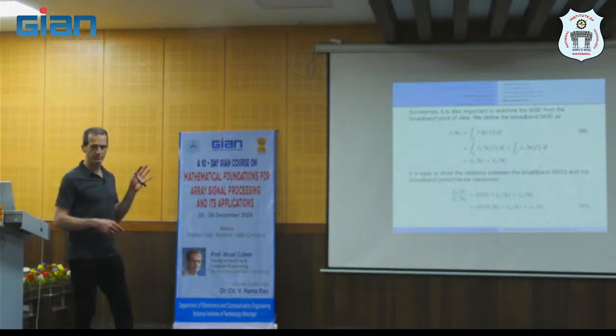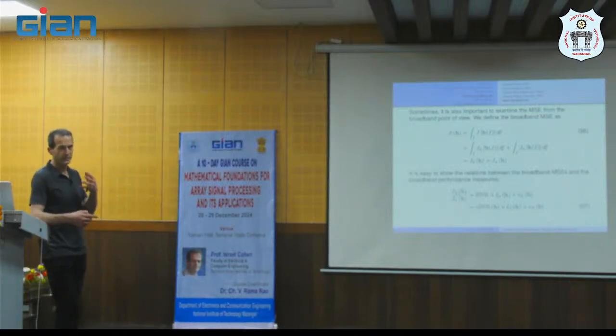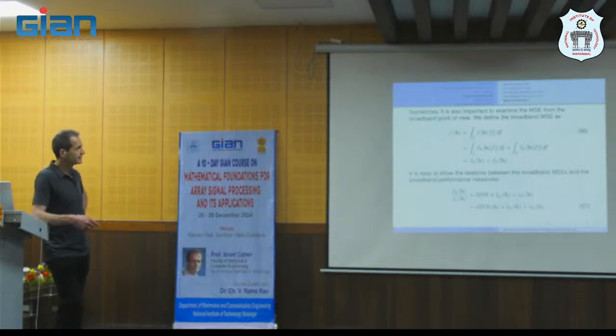For the other performance measures, it's not. So don't confuse when you take a broadband performance measure, it's not an integral or summation of all the performance measures in narrowband, in frequencies. It's not the total. Only for the MSE, it's like that. Even for the distortion index, it's not like that. It was a weighted sum. So generally, you need to verify this relation.